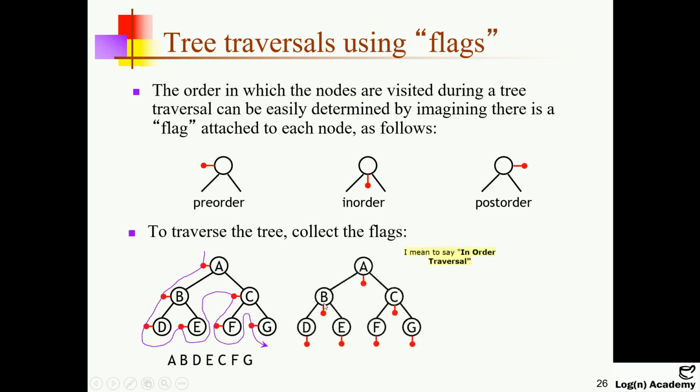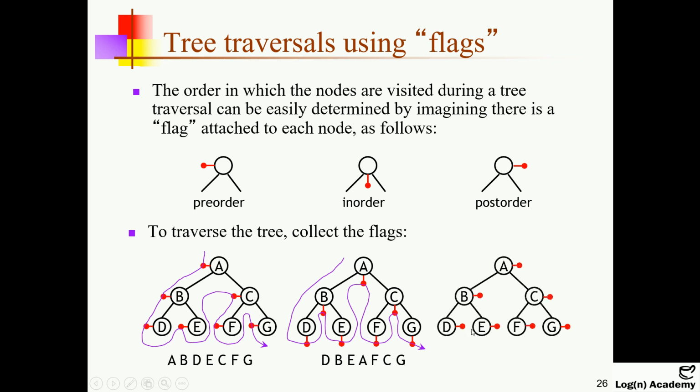In in-order traversal, the direction of the flags is towards the ground, and we will attach these and get the in-order traversal result. And in post-order traversal, the direction is towards the right-hand side, and we will attach all these, and we will get a different result.